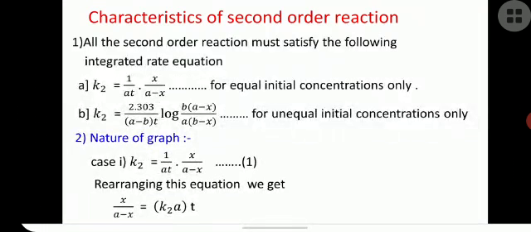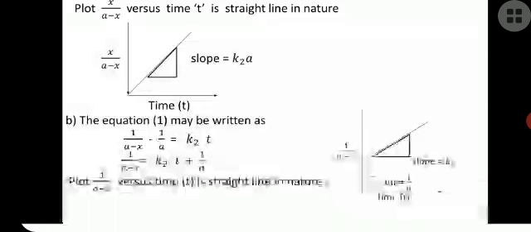Rearranging this equation, we get x/(a − x) = k2 a t. By plotting the graph of x/(a − x) versus time, we will get a straight line passing through the origin. The slope of this line is k2 a.